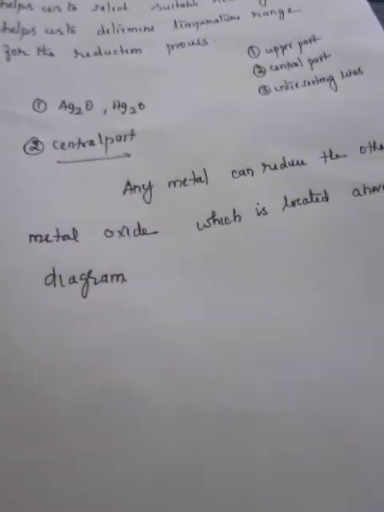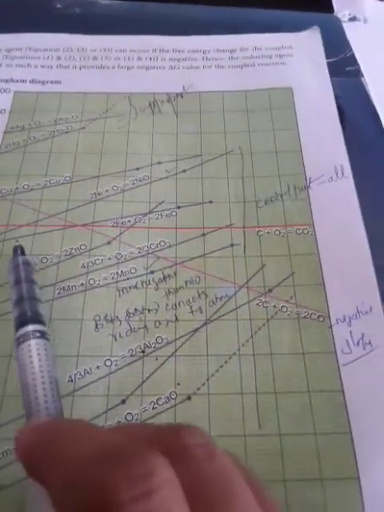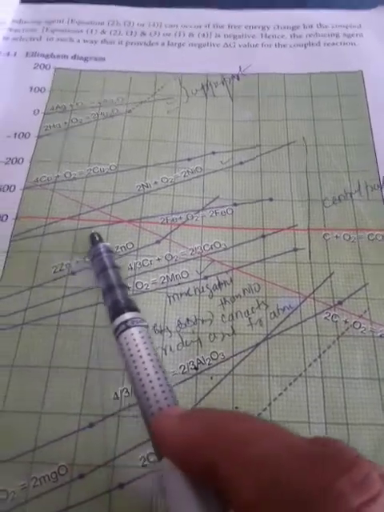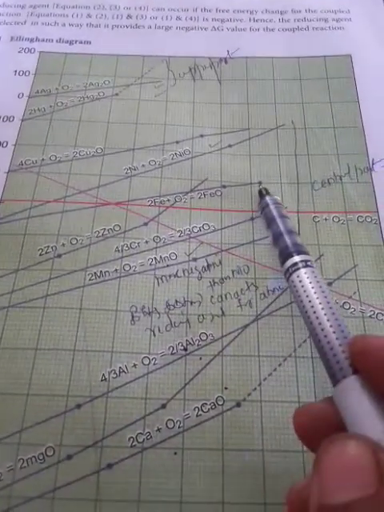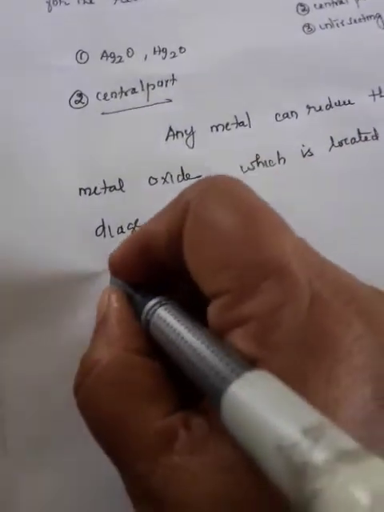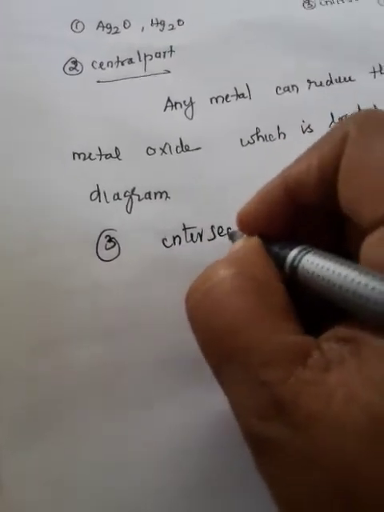The third one is intersecting lines. See, this is the iron oxide. See this one, Fe plus O2 giving FeO. This is the iron oxide. C plus O2 giving CO. This line is intersecting. Third one is intersecting lines.